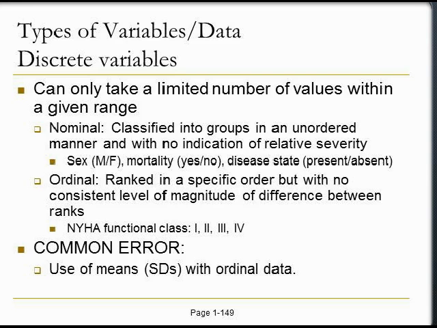And the magnitude between 1 and 2 is not necessarily the same as between 3 and 4. Now, a common error in the literature is to use means and standard deviations to describe these types of data. So you might expect this type of exam question in terms of evaluating a case, perhaps, that uses means and standard deviations to describe ordinal data. And we'll discuss this a little bit more later on.